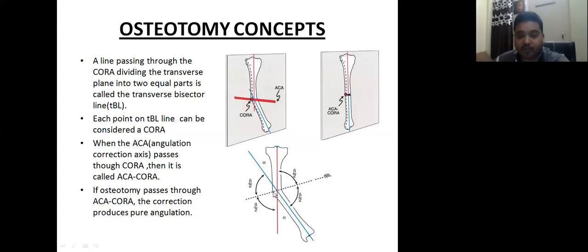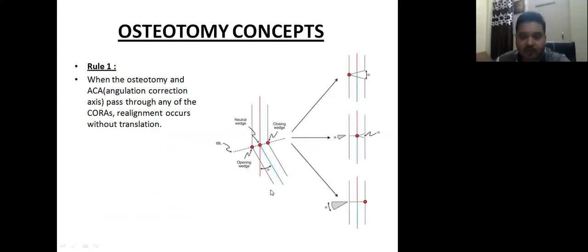Now the osteotomy concepts, which are very important while planning a deformity correction. The first rule is when the osteotomy and the angulation correction axis pass through the CORA, then realignment occurs without any translation. What do I mean by this?